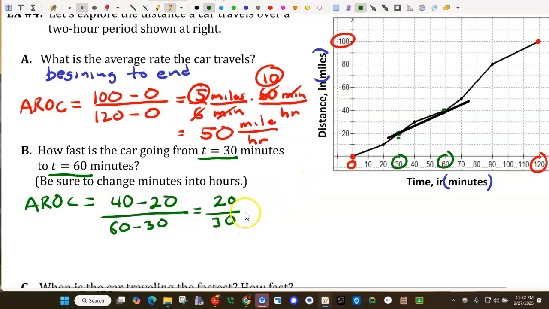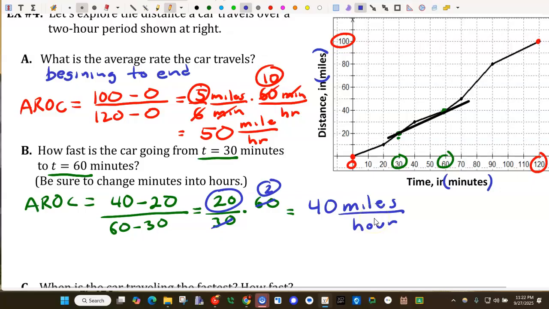But we want to also convert that like we did before. Just multiply it by 60. 30 goes into 60 2 times. So 2 and 20, multiply those, you get 40. Remember, that's miles per hour. So during that time, I was driving an average of 40 miles per hour.